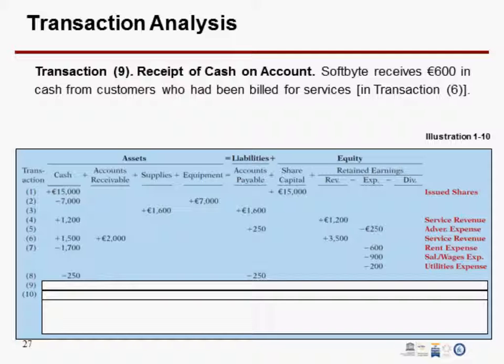Out of accounts receivable 2,000, SoftBite collected €600. So cash increased 600, accounts receivable decreased 600. So there is one asset increase, one asset decrease. So there is equality in the equation.